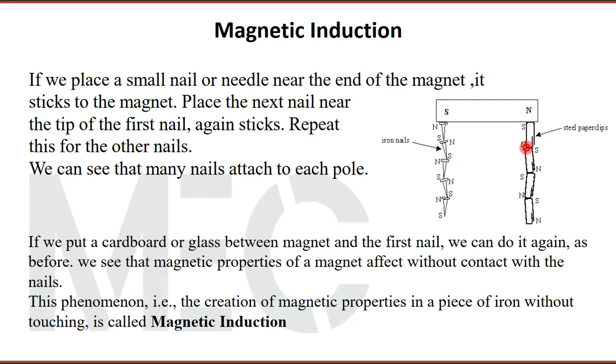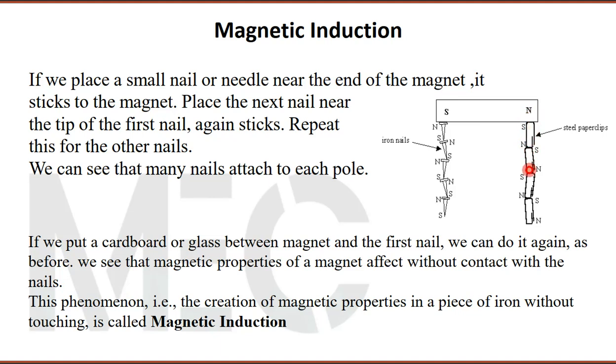The fact is, when you bring in the paperclip, first the paperclip will be a magnet itself by magnetic induction. So first, when it is close enough, it will be an SN magnet, and then N attracts S, so it sticks to it.